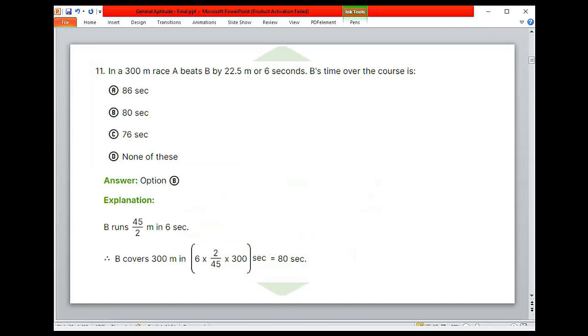Let's solve it now. Option B is the correct answer.